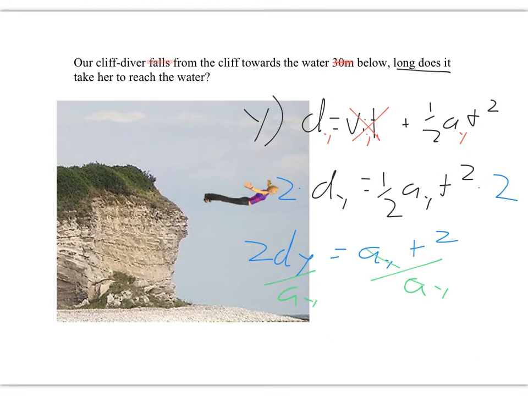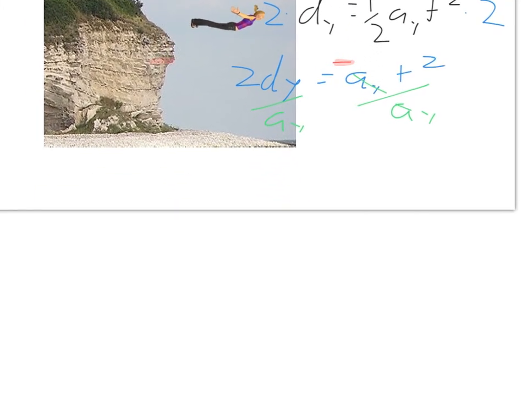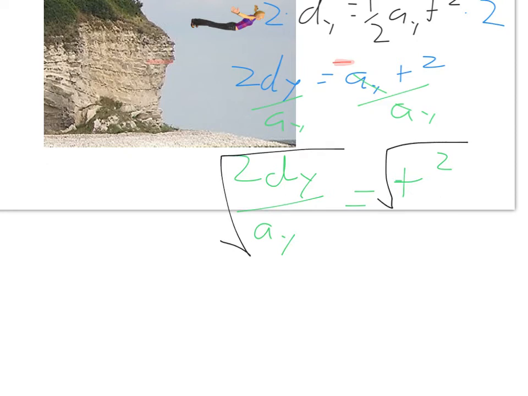I've got 2 dy over ay is equal to t squared. Then all I need to do is take the square root of both sides, and I'm left with the time to fall down this 30 meters is equal to the square root of 2 times dy over ay.